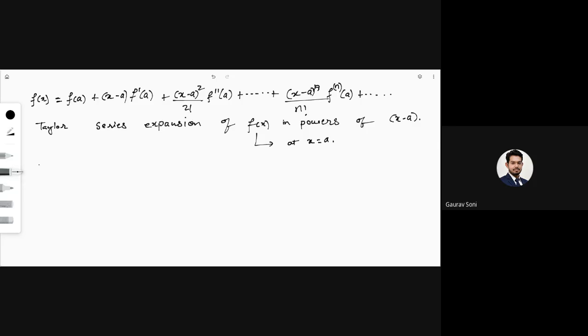So can someone tell me the Taylor series expansion of f of x at x is equal to 0?